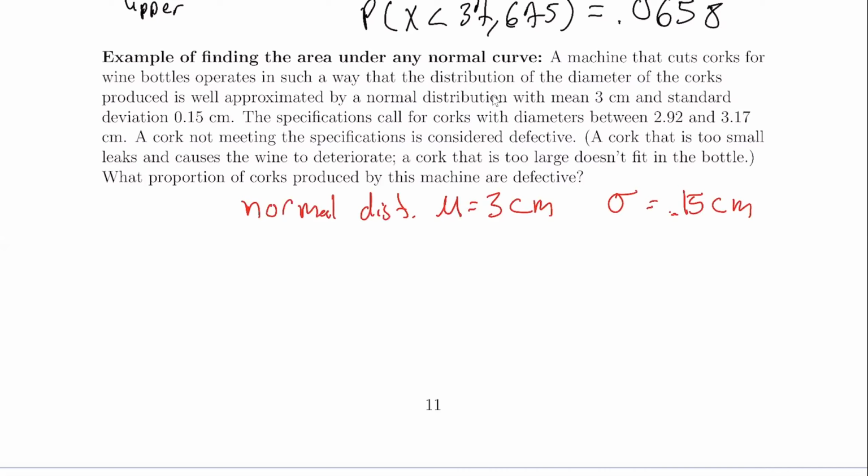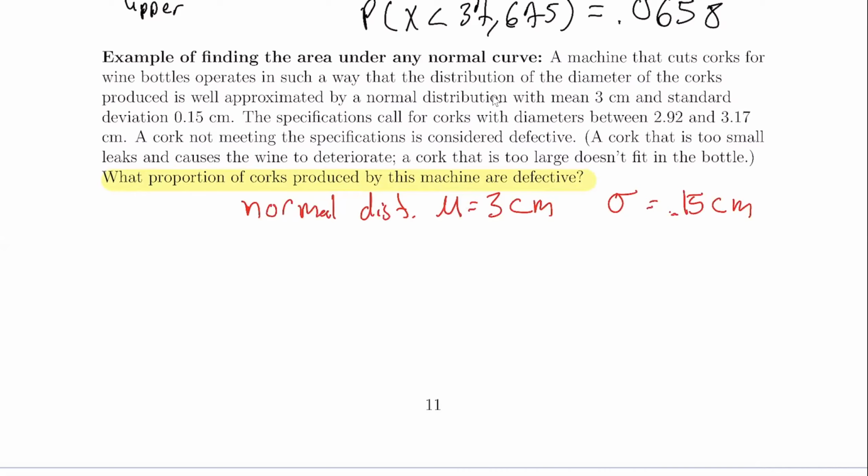All right. So what we want to do now is see what it is that they want to find. If you look at the last sentence, you want to know what proportion of cork produced by this machine are defective. They already told us what they consider a defective cork to be.